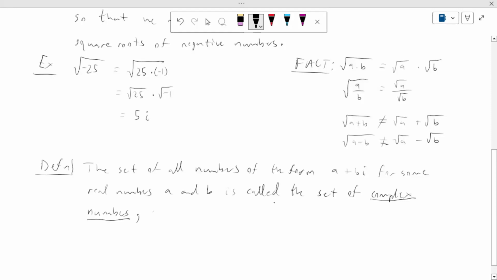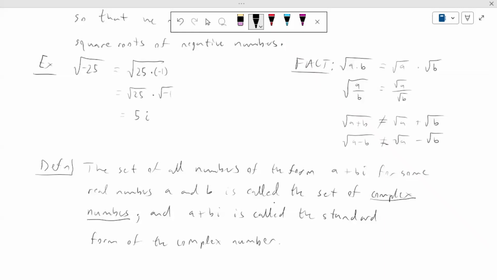Moreover, a plus bi is called the standard form of the complex number. Why do I make that distinction?